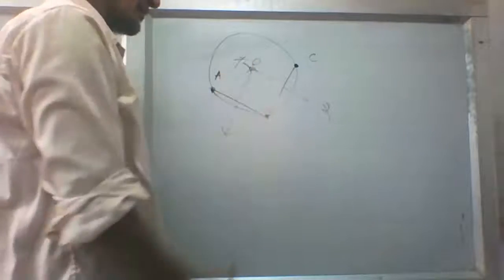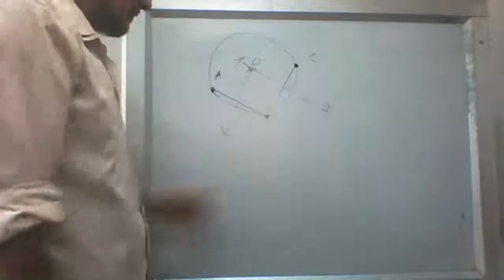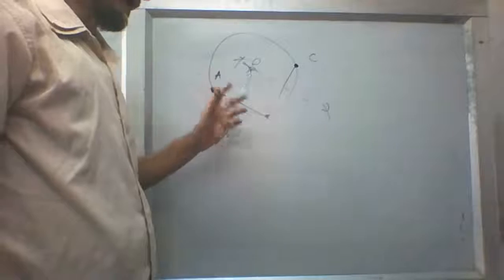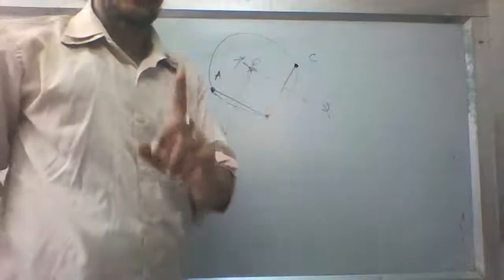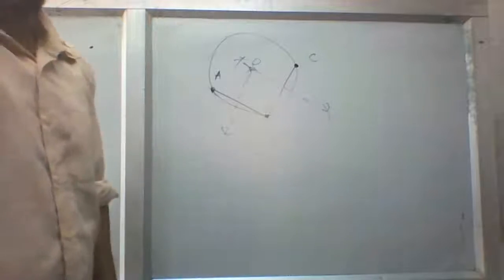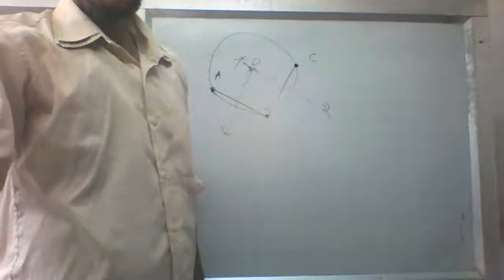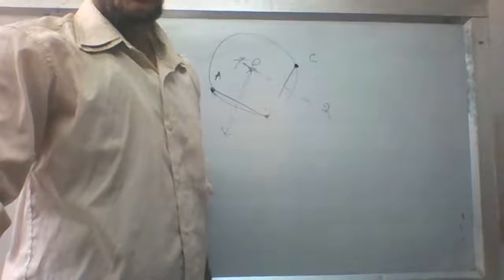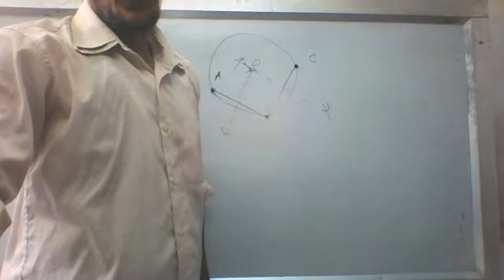Make that a center, and by it make a circle including all these 3 points. You will get exactly the 3 points making only a single circle. It means 3 non-collinear points are capable of drawing a circle. This is an important part, and this is an important theorem also.